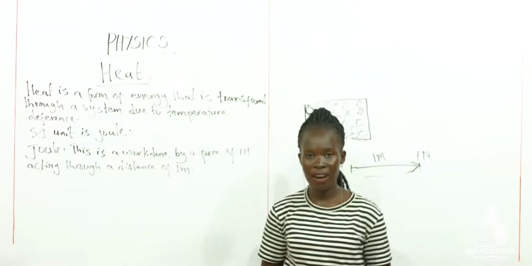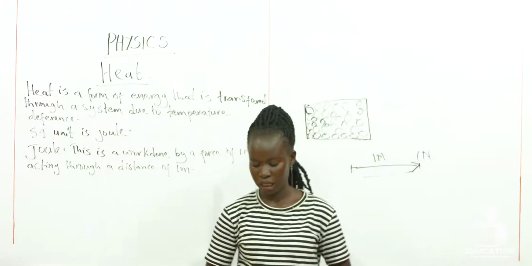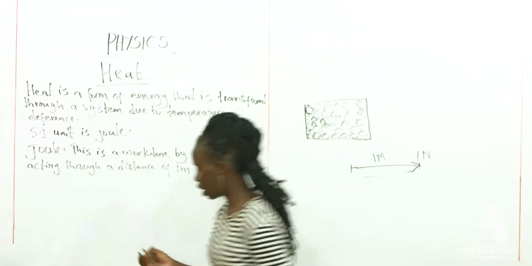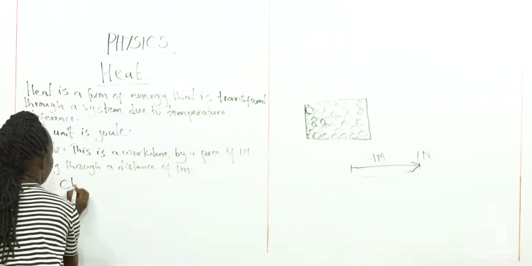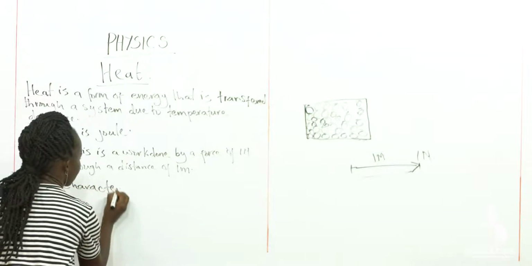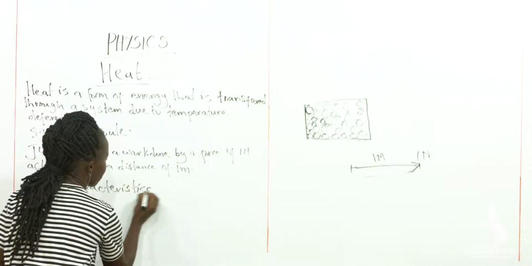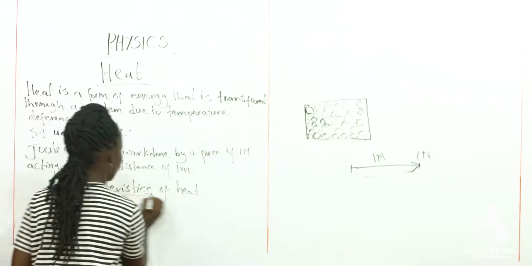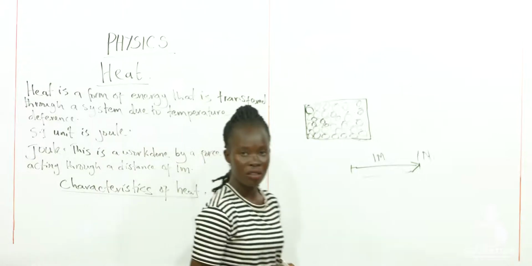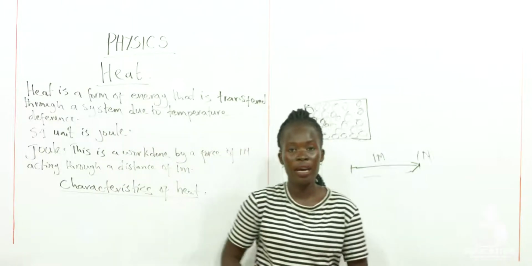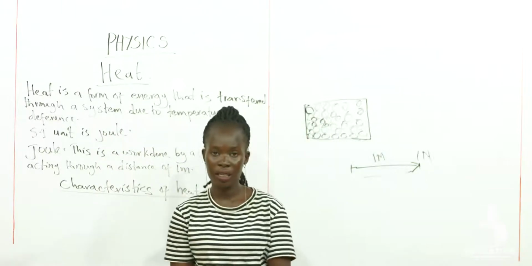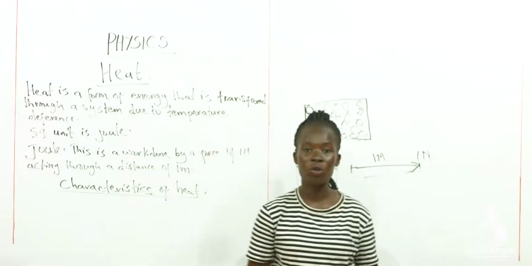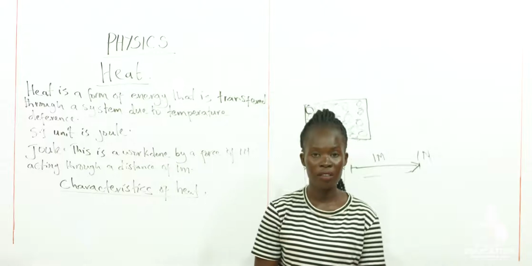So what are the characteristics of heat? To find the characteristics of heat, you should be knowing how heat is being generated. If you know how it is generated, you need to know also the movement, how fast.